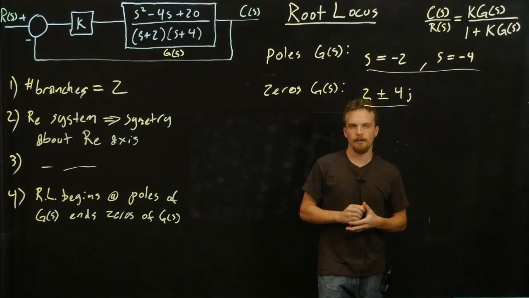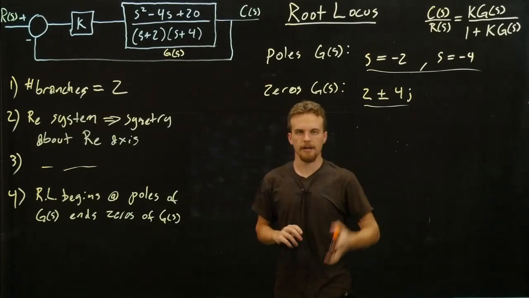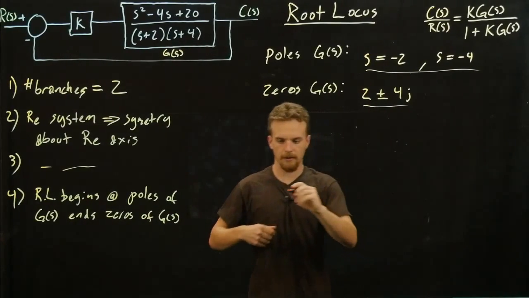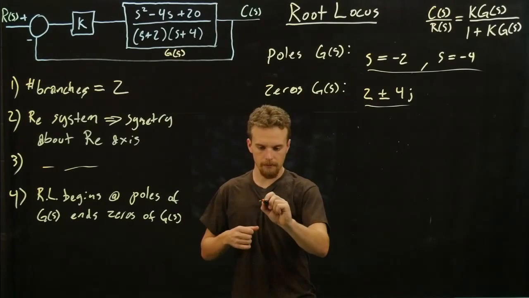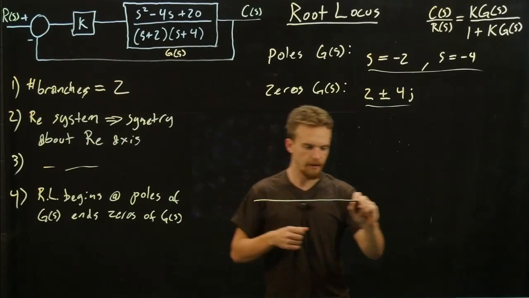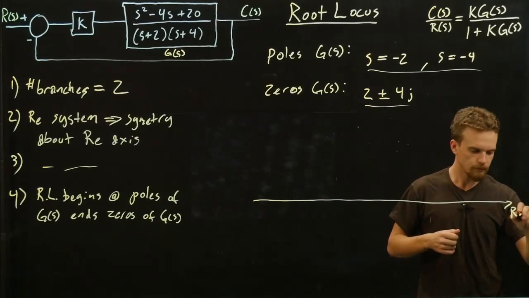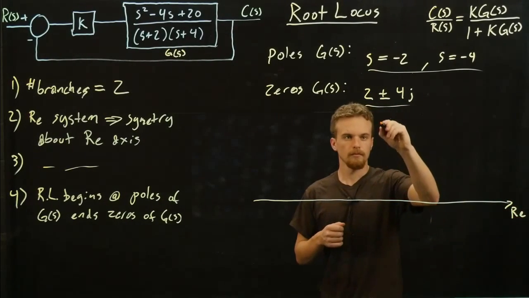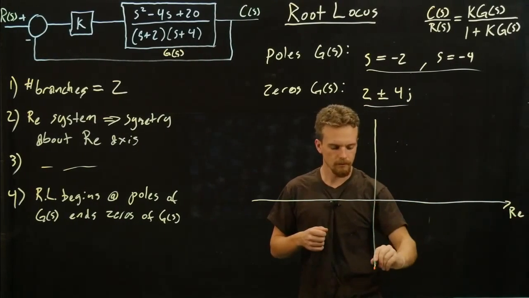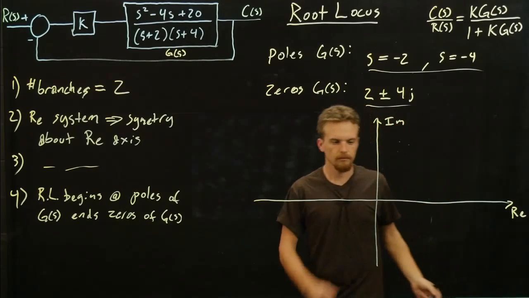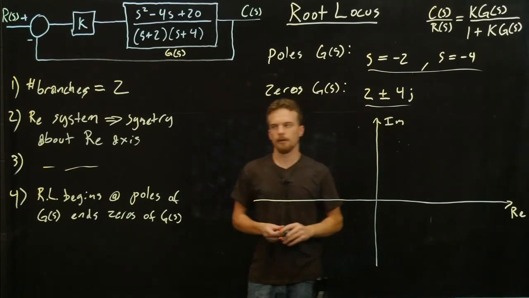Okay, so now we have starting and ending points for our root locus. So I guess we could just get started drawing it here. We sketch the root locus in the real imaginary plane. What did we say?